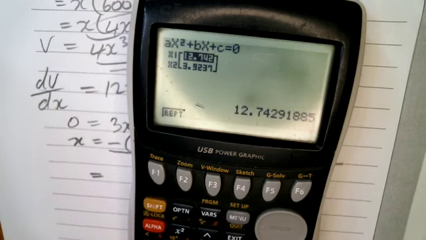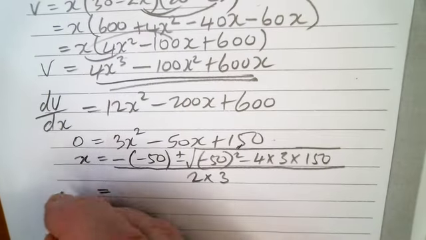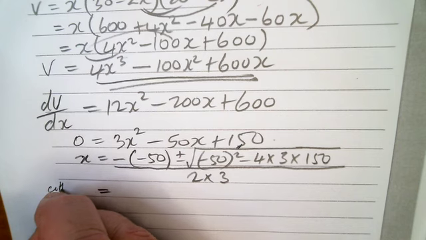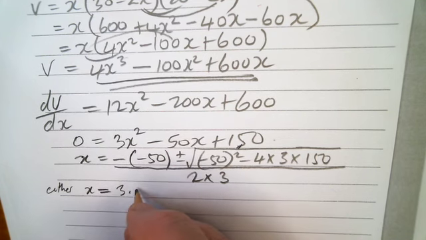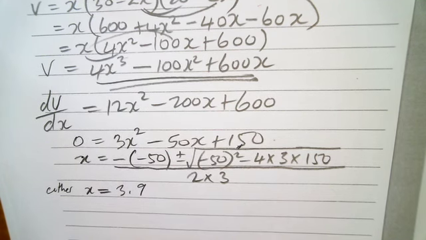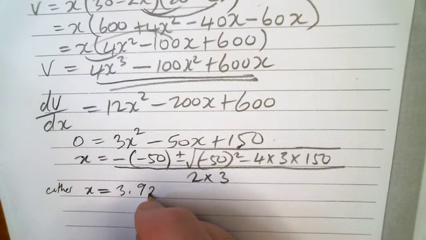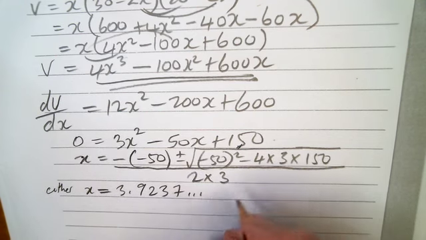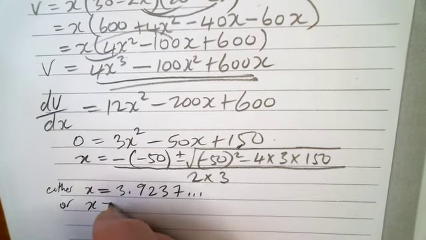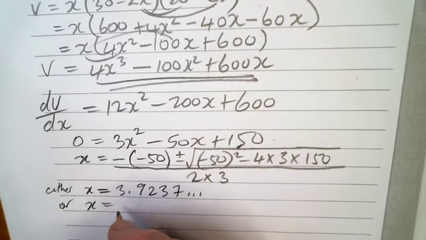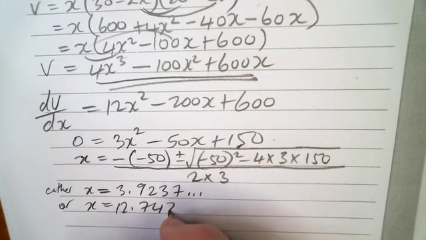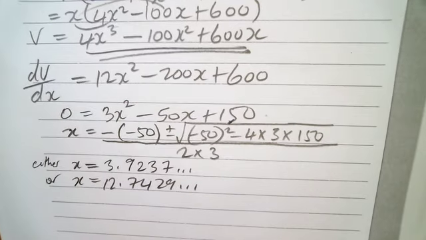And solve it, and we end up with either x is equal to 3.9237 dot, or x is equal to 12.7429 dot. So they're my two values.